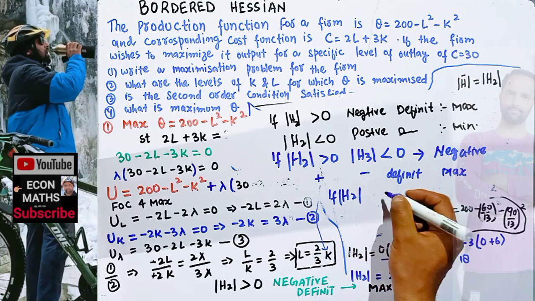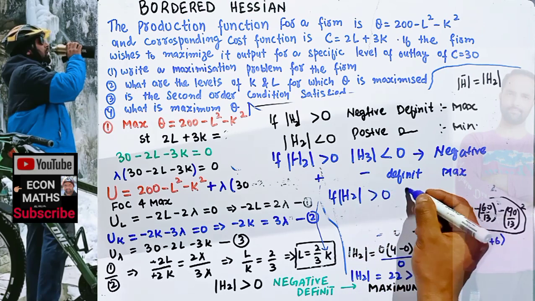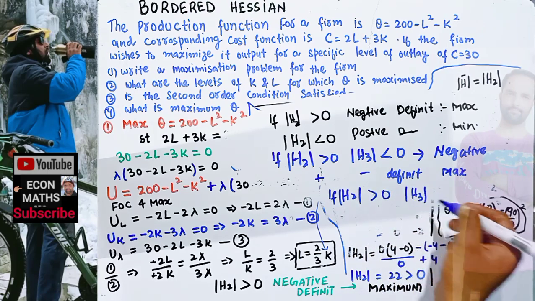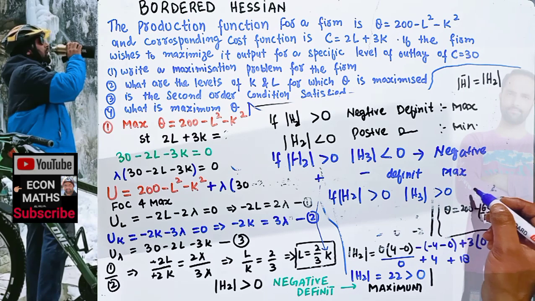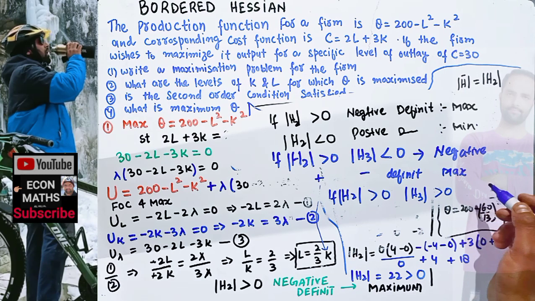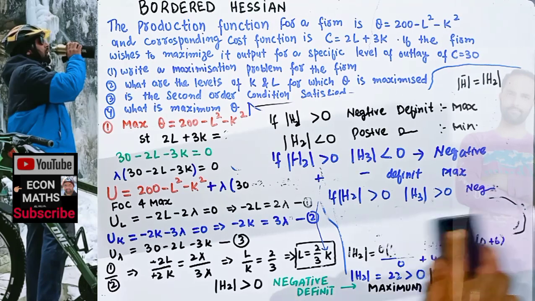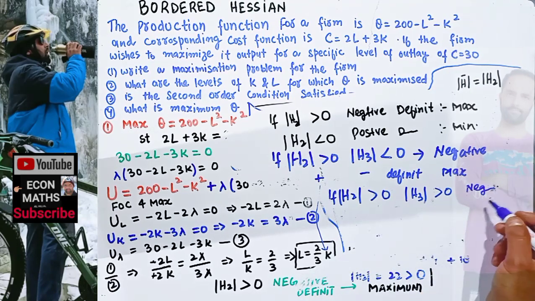If second bordered principal minor is greater than 0, third bordered, if all the principal minors are greater than 0, then we have fourth bordered. So we also say it is greater than 0, negative definite.